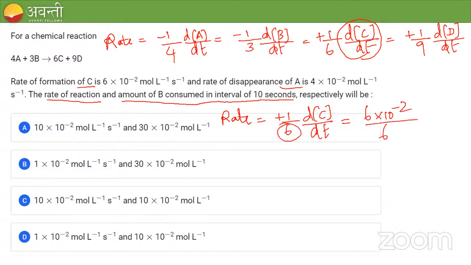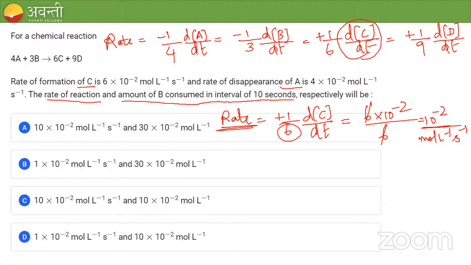So 6 gets cancelled and we will get 10 power minus 2 mole per liter per second as the rate of the reaction. So 1 into 10 power minus 2 or 10 power minus 2, both are correct.